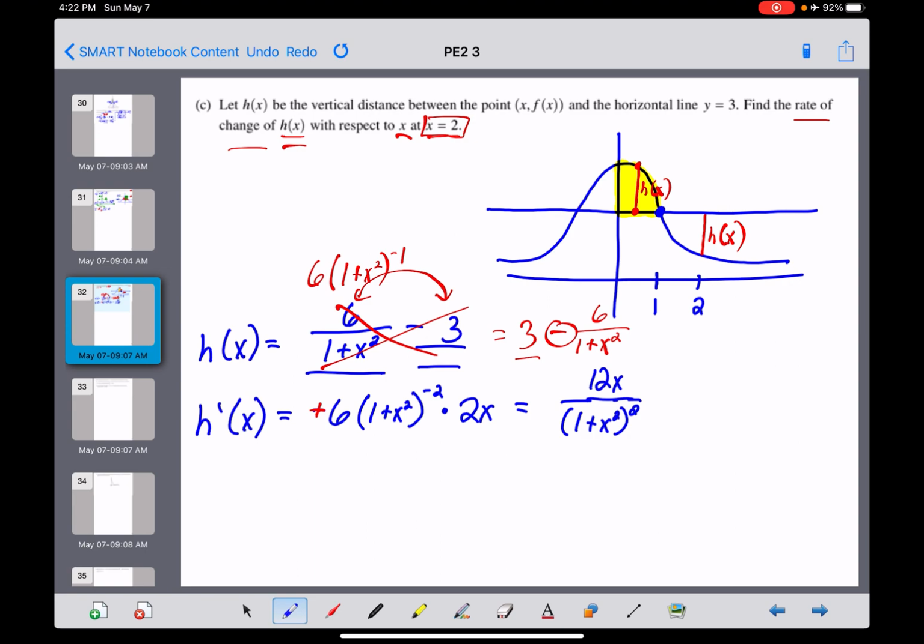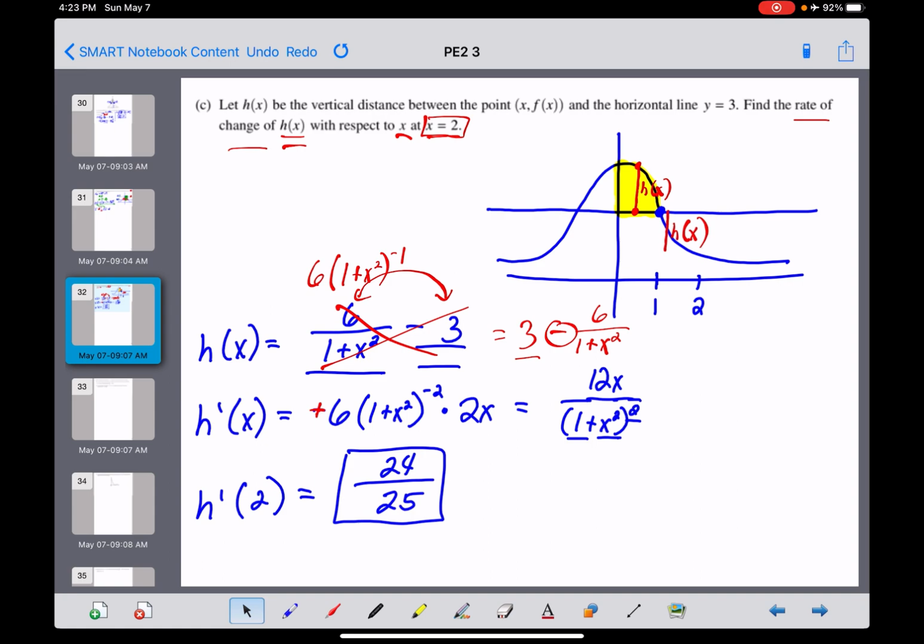So that is the true rate of change of that distance in the neighborhood of x equals 2. To find that rate of change, we evaluate h prime of 2 and get 24 on top. On bottom, 2 squared is 4, plus 1 is 5, and 5 squared is 25. 24 over 25 is the answer that we came up with. When I did this incorrectly the first time through, I had negative 24 over 25.